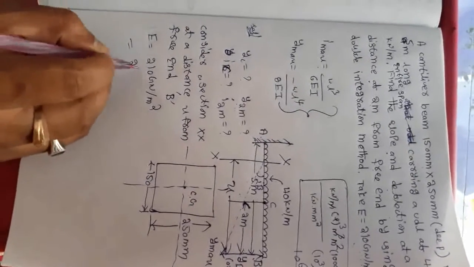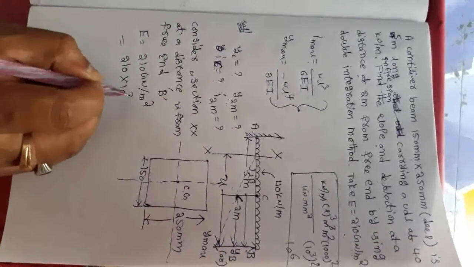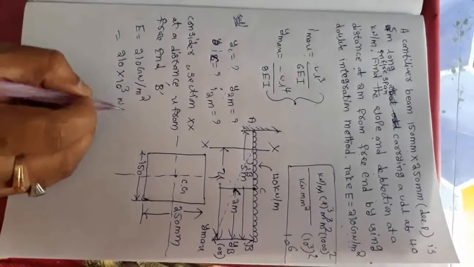E is the Young's modulus, or modulus of elasticity. Why change the units? Because here the UDL is in kilonewton per meter, so you change the units from meter to mm. For this changing, you multiply by 10 to the power of 3, so these units change into newton per mm square.